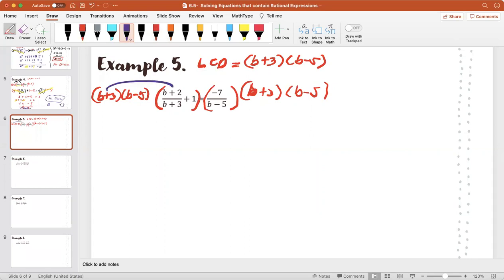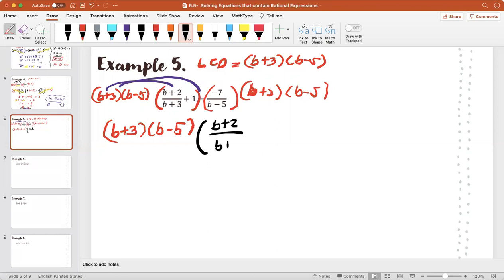So let's do this. By distributive property, what do we have here? We have b plus 3 times b minus 5 times your first expression, b plus 2 over b plus 3, plus 1.